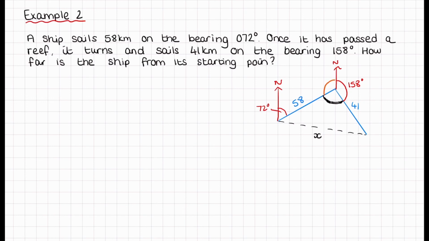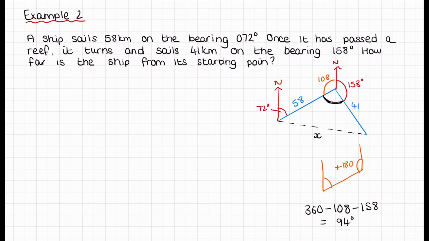Now remember, when we have two straight lines like this, these angles in between add up to 180 degrees. So we know that this is 72, which means this one must be 108 for it to add up to 180 degrees. Now we've worked out the 108, we can work out the black angle, which would be 360 minus 108 minus 158, which will give us 94 degrees.